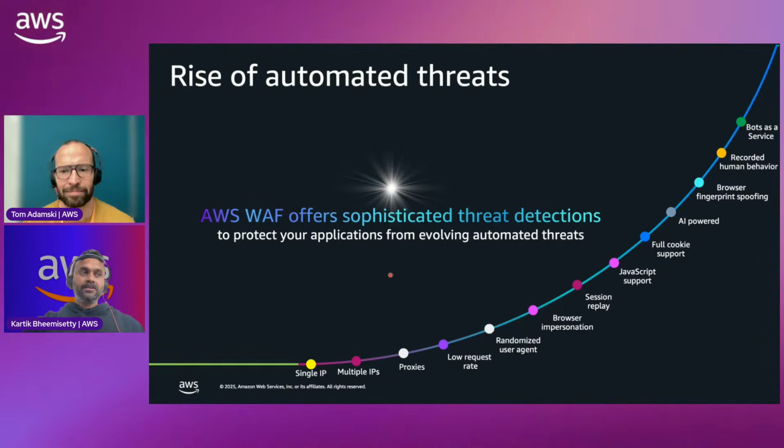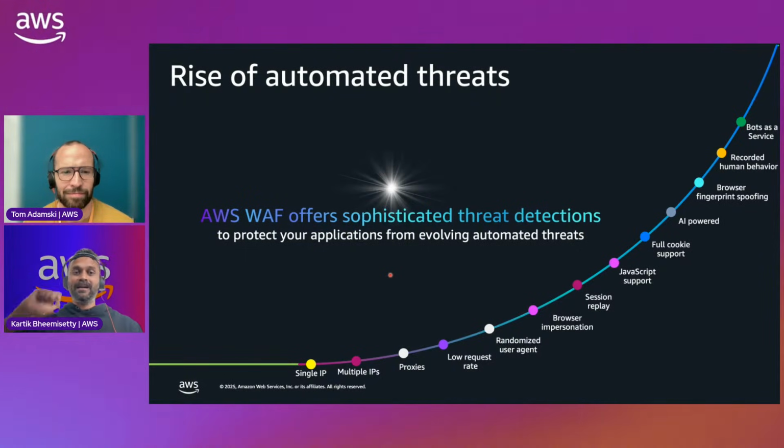Over the years, application threats have increased from attacks happening from a single IP to multiple IPs. Now there are services like bots as a service, where users can subscribe and attack someone. So it's more sophisticated. Even bots can behave as if they are humans.